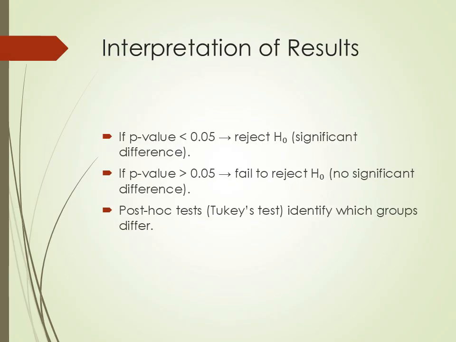If the F value is greater than the table value, you have to reject the hypothesis, which means there is a significant difference. If the F value is less than the table value, you fail to reject the hypothesis and there is no significant difference. You can also go for Tukey's test to identify which groups differ.